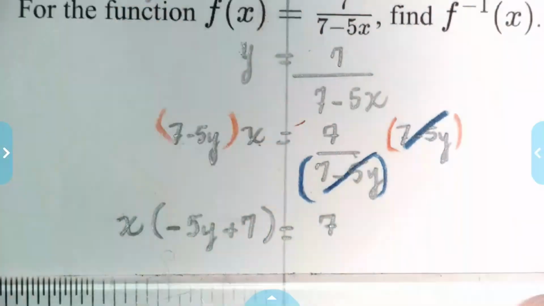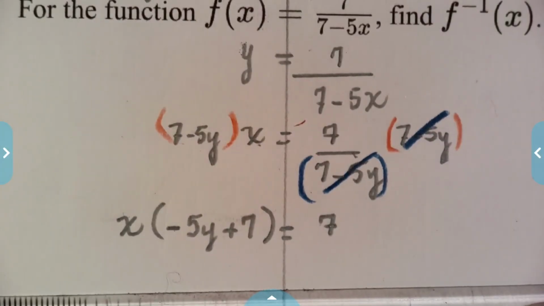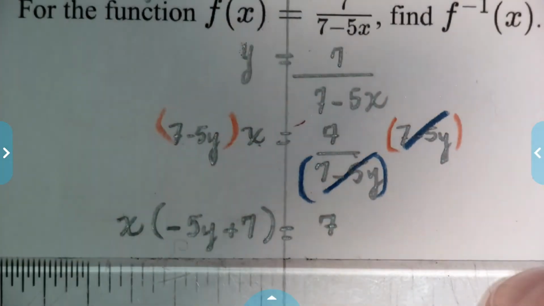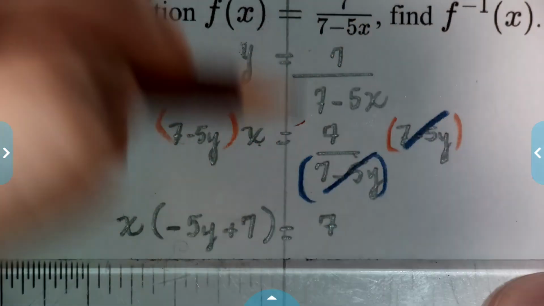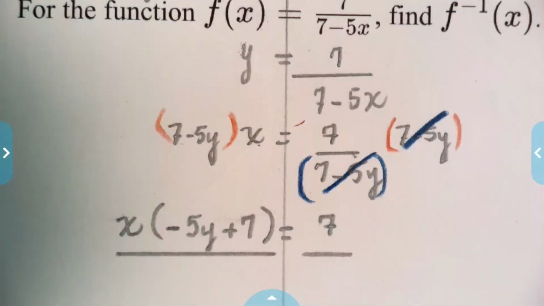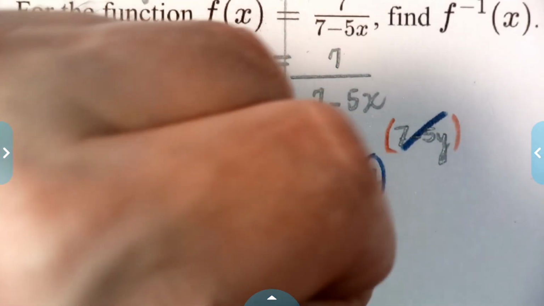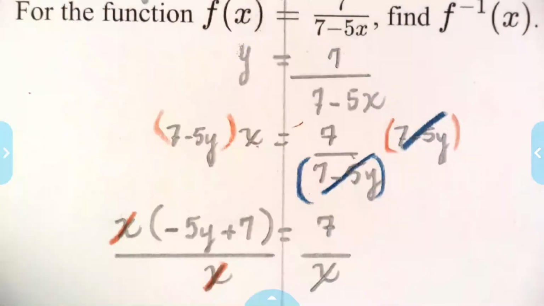Equals 7. Okay. Well, I think what we should do is we'll divide both sides by x, so that we get the x on the right side. And those x's cancel out here.